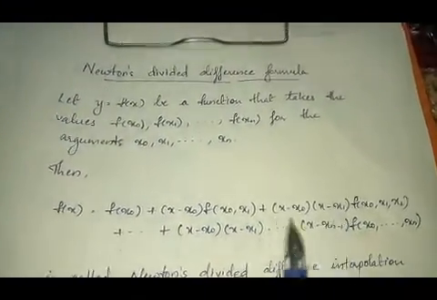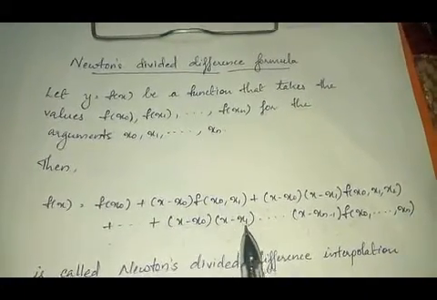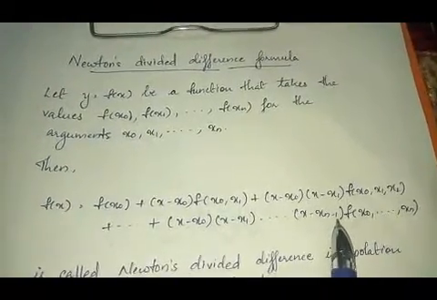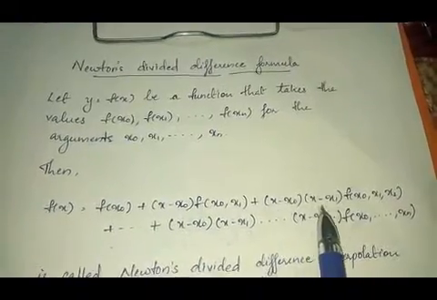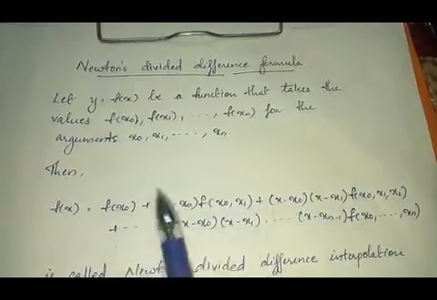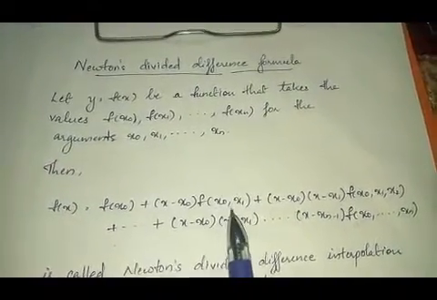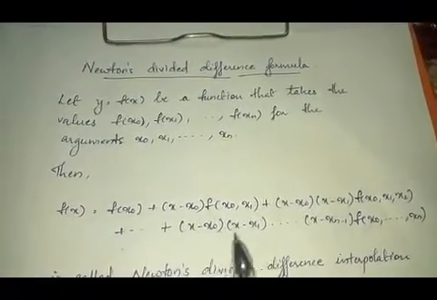And like that, in the last term, x is subtracted with x0, x1, etc. till xn minus 1. So this is the pattern which you have to note and remember. Only then you will be able to study Newton's divided difference formula. Just look at the pattern in which the terms are taken, then you will surely remember the formula.